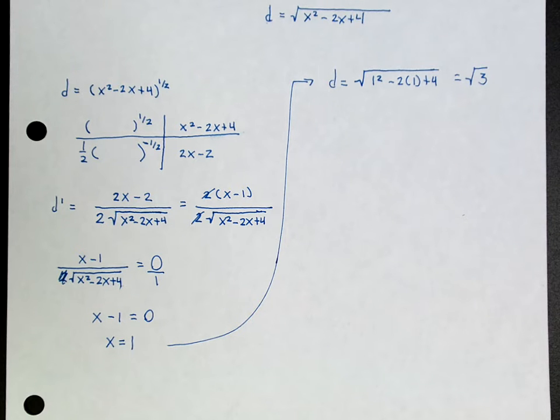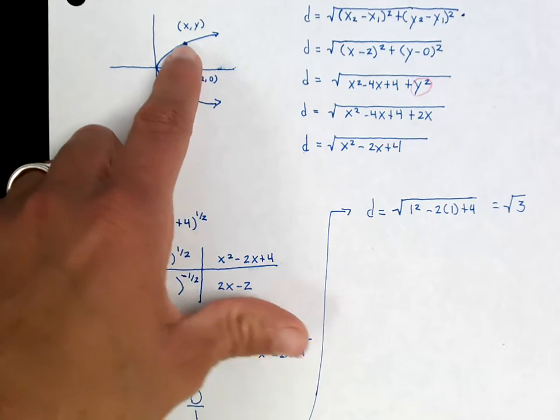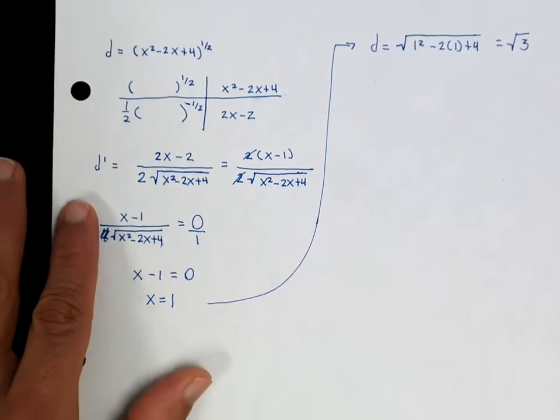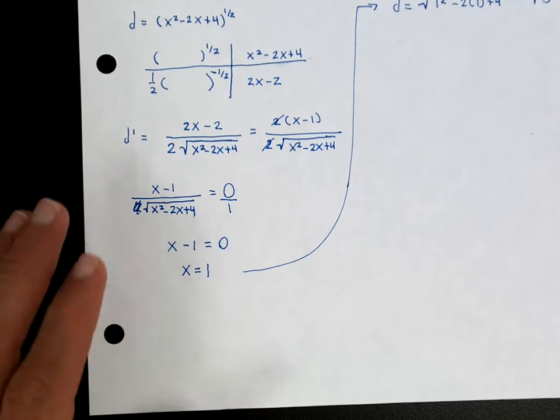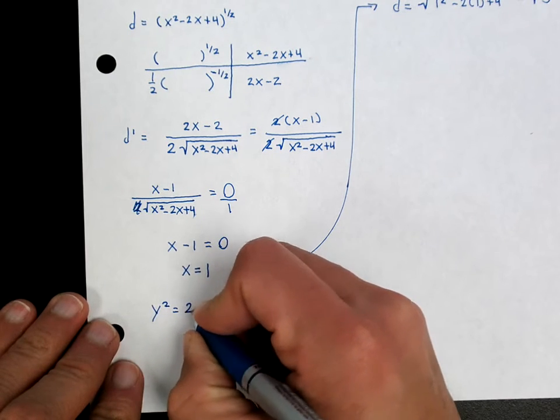Okay, so say that the problem is asking me what is the coordinate of that point. Now I know that this right here is 1. How do I figure out that y coordinate? Well, to figure that out, I can just plug this into the original equation that was given to me. By that I mean I have y squared is equal to 2x.